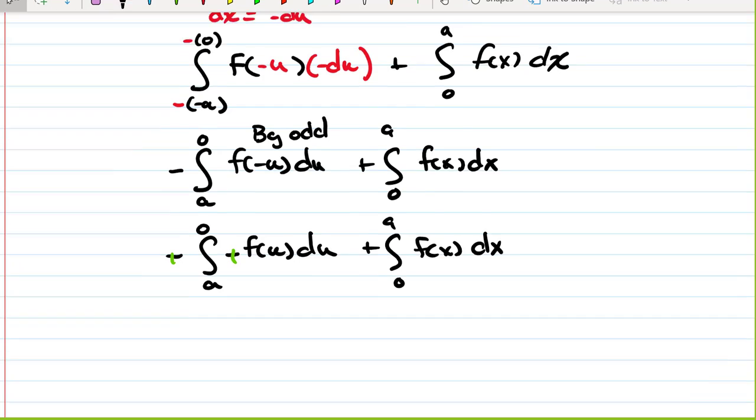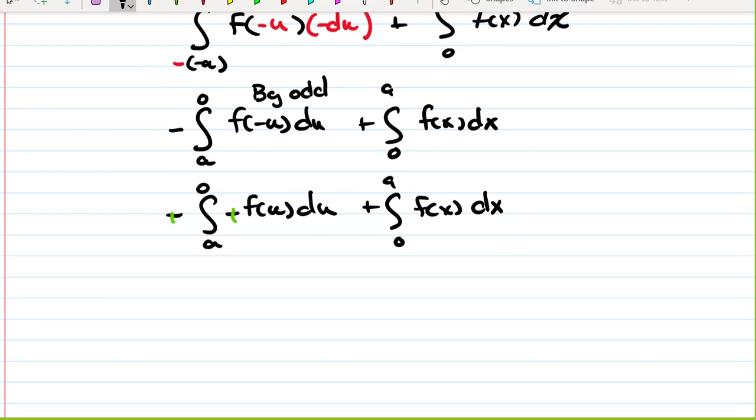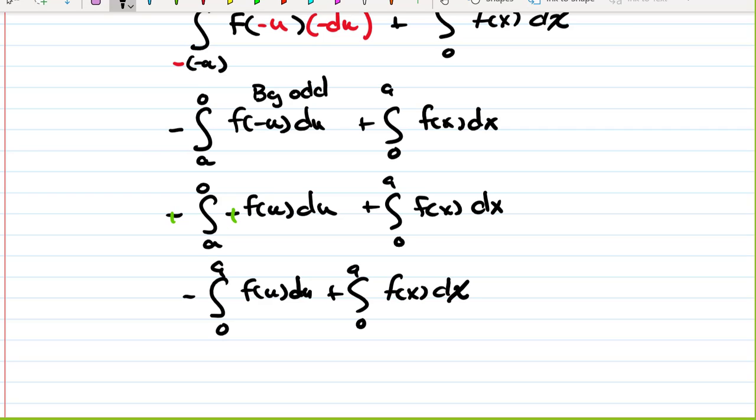So now these two things are almost the same, but my limits of integration are upside down. And if I reverse the limits of integration, it changes the sign of the integral. So this would become the integral from 0 to a, but change it from positive to negative, f of u du, plus the integral from 0 to a of f of x dx.